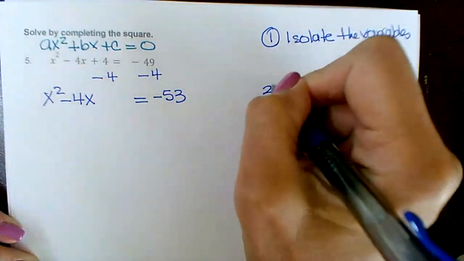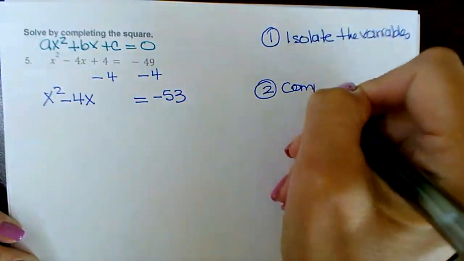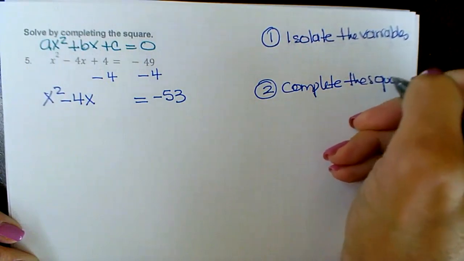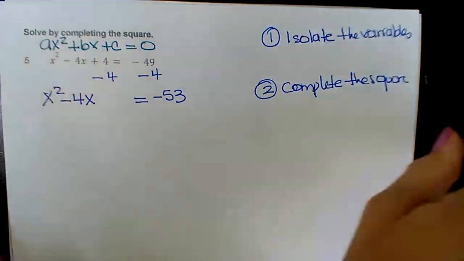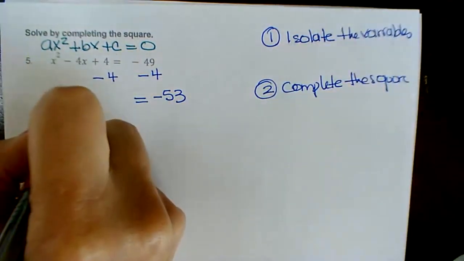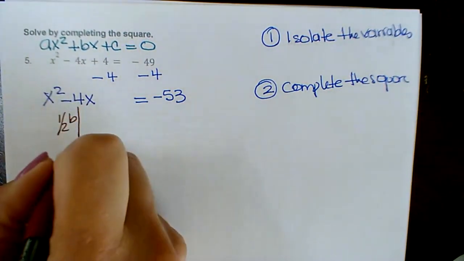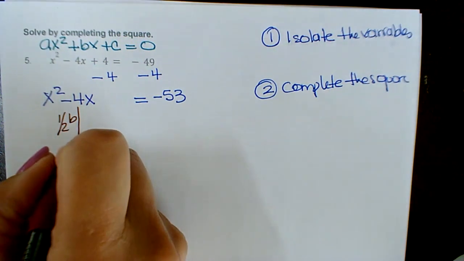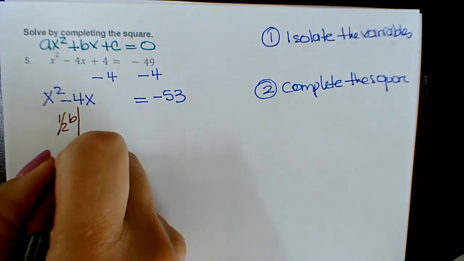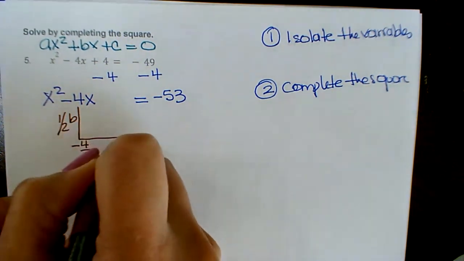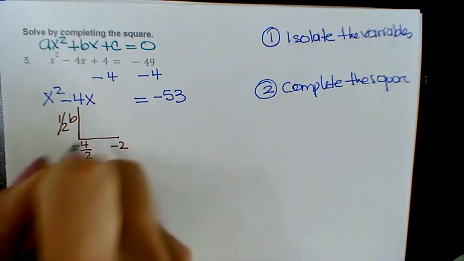Now, we're going to complete the square. How do I do that? Take the b, half of b. Half of b would be what? Negative 4 divided by 2 would be negative 2, right? This is going to be negative 2.